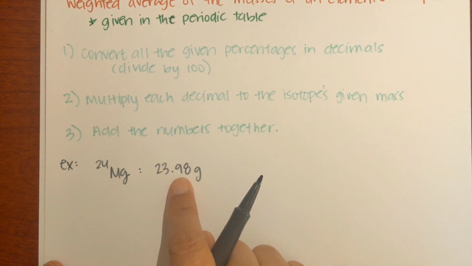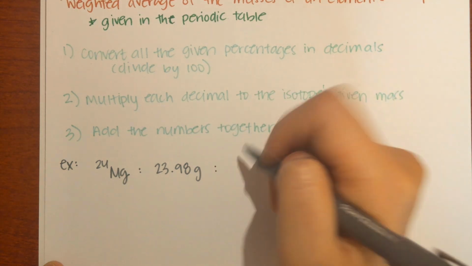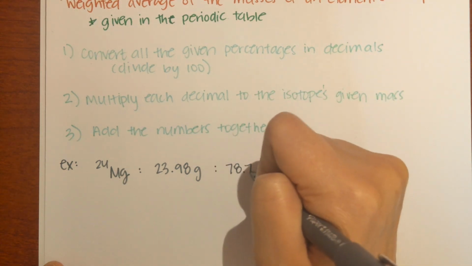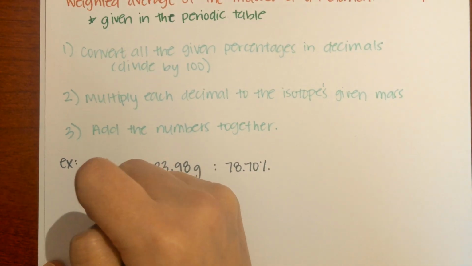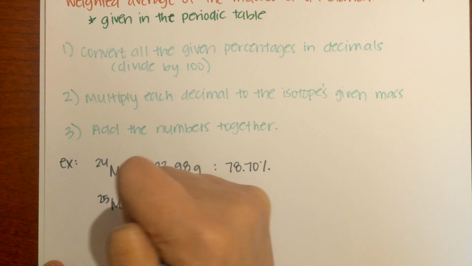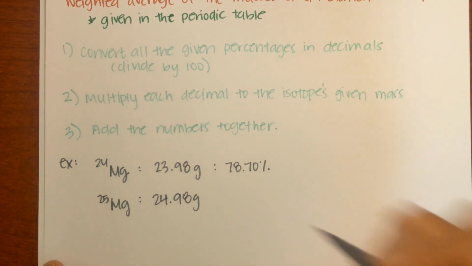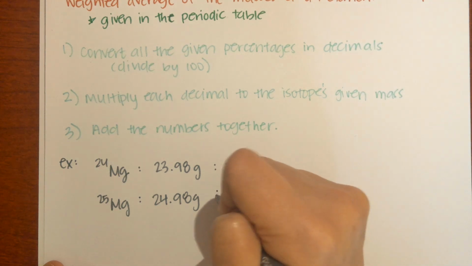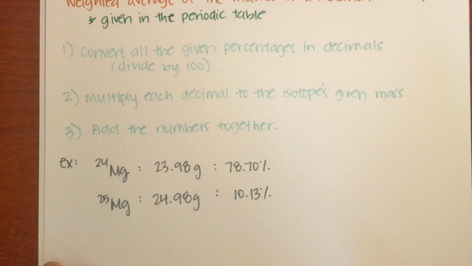Notice 23.98 rounds to 24, so that's why it's called magnesium 24. And it occurs 78.70% of the time. And we also have magnesium 25 that has a mass of 24.98 grams, and that occurs 10.13% of the time.